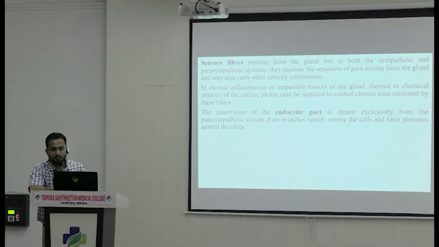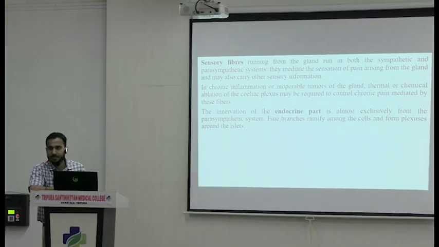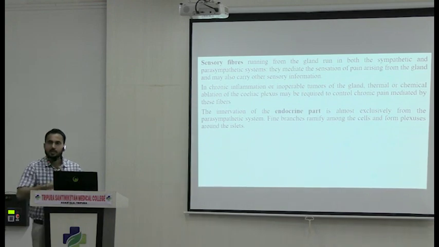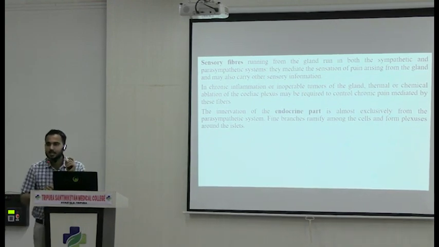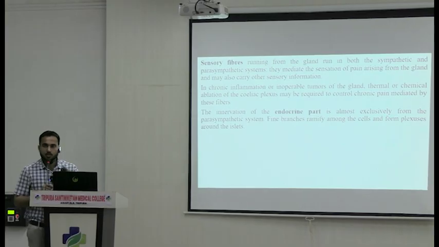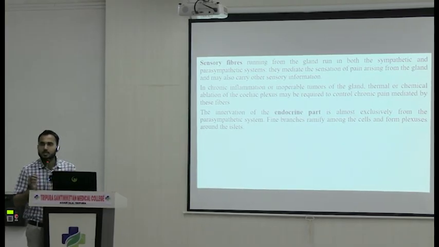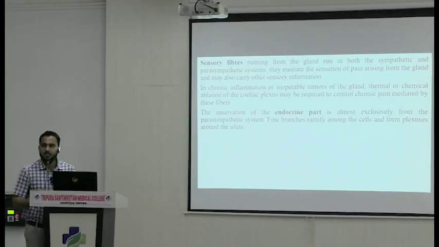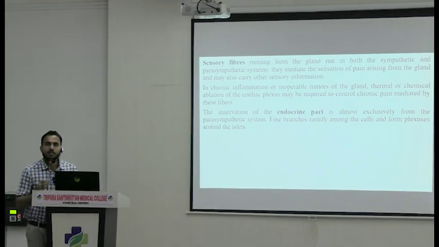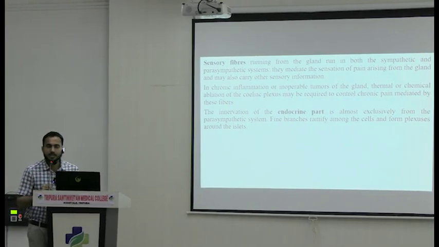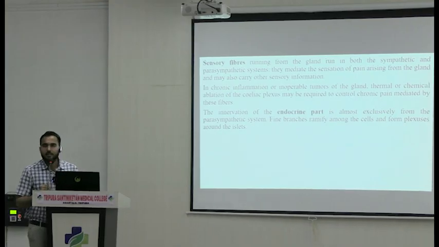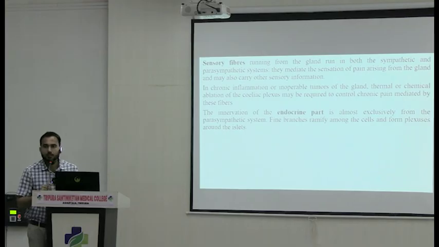During a tumor, thermal or chemical ablation of the celiac plexus is required. That means the celiac plexus is carrying both the sympathetic and parasympathetic systems, which help in carrying the pain sensation. So whenever there is pain from a tumor or other condition, the ablation of the celiac plexus is done in order to reduce the pain.